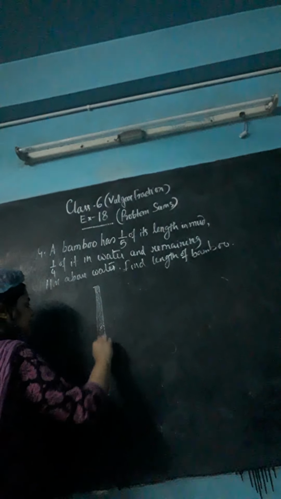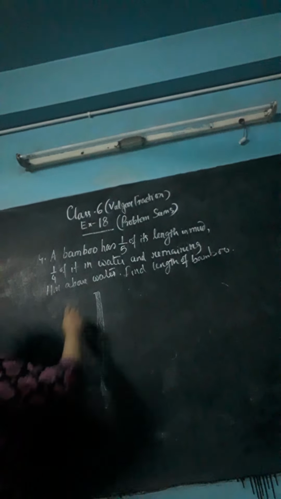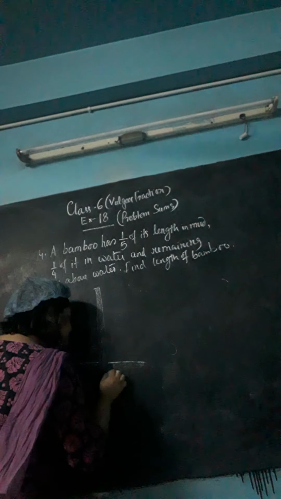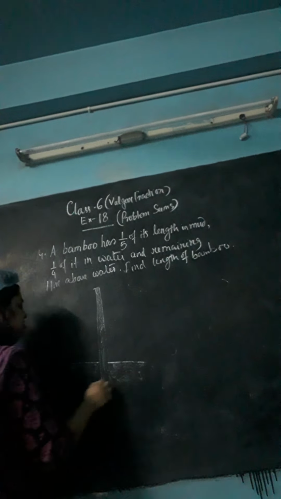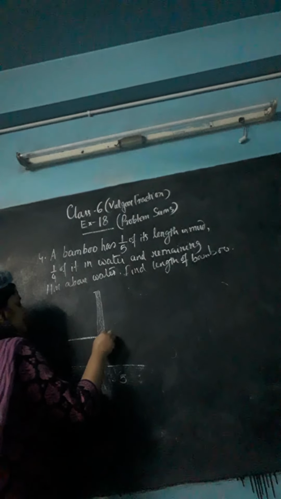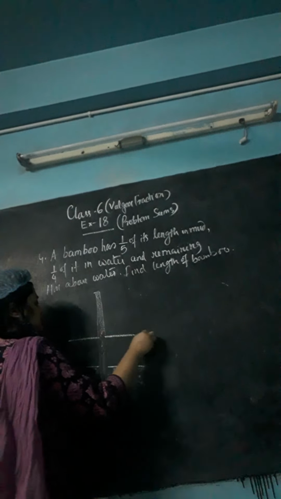So what is given? There is a bamboo stick and 1/5 of its length is in mud. So the stick is under mud. How much is under mud? 1/5 of the stick. 1/4 of it is in water. So 1/4 of the stick is under water.